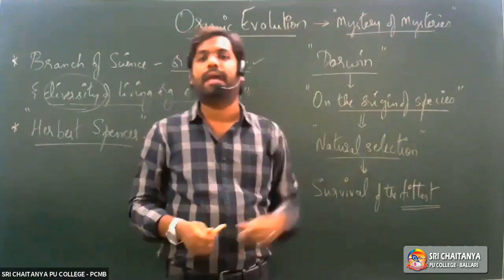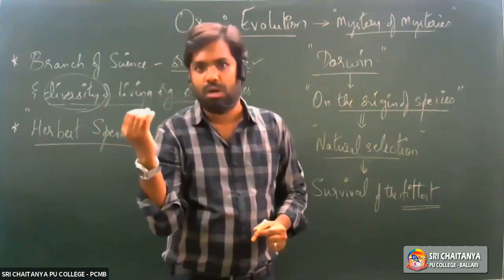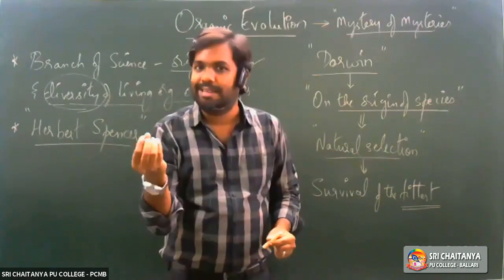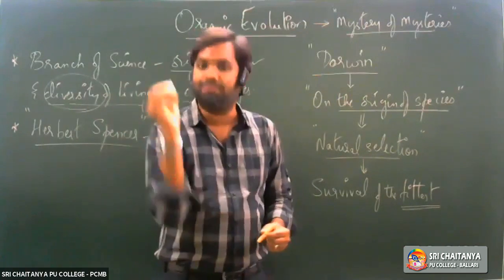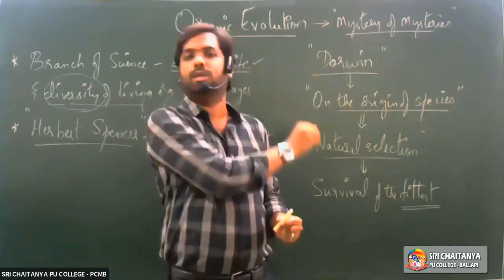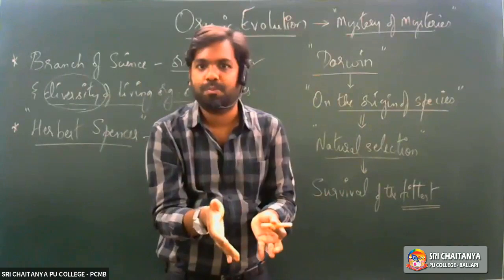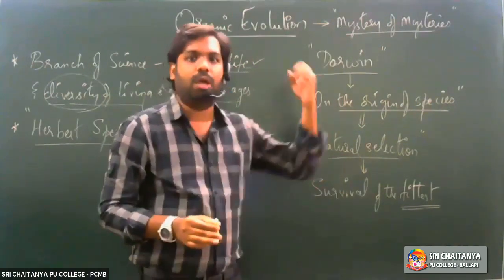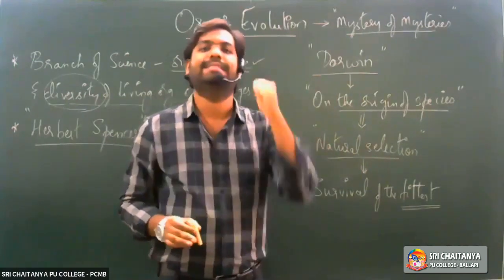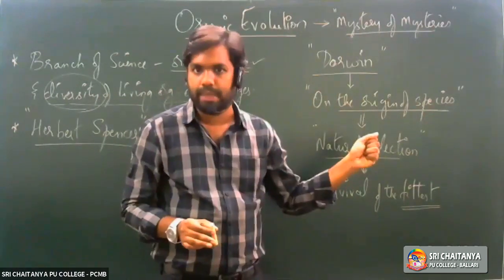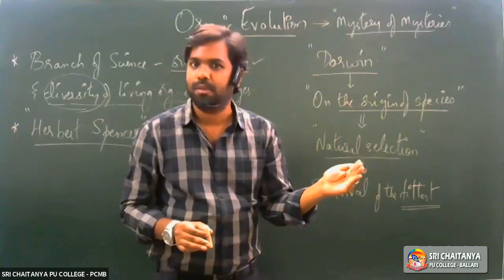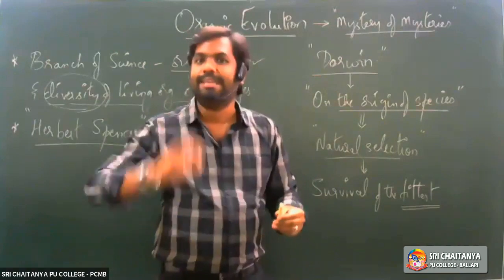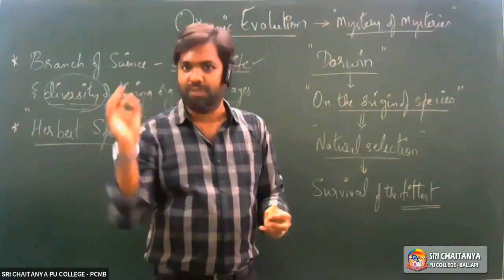Now, whichever organism is said to be the fittest of all will obviously have better features compared to other organisms in that particular habitat or environmental condition. Try to get this right.